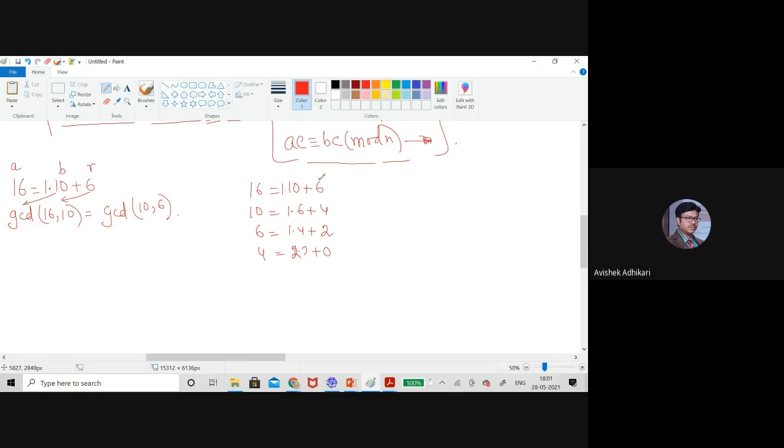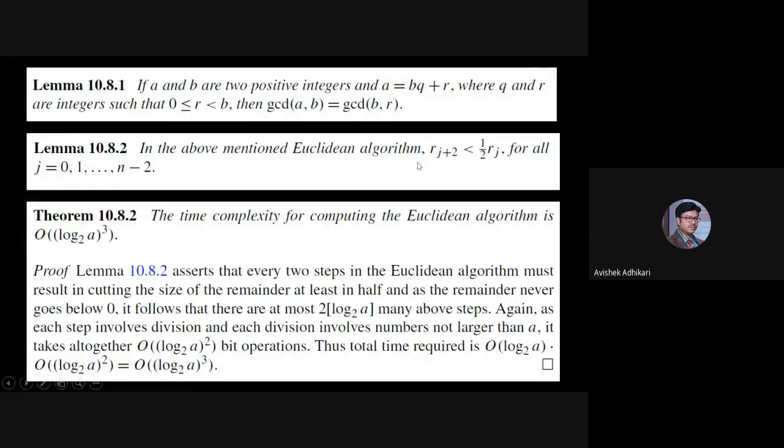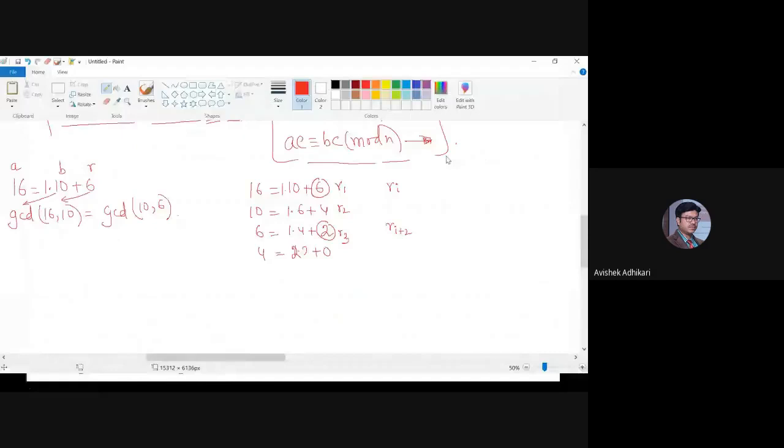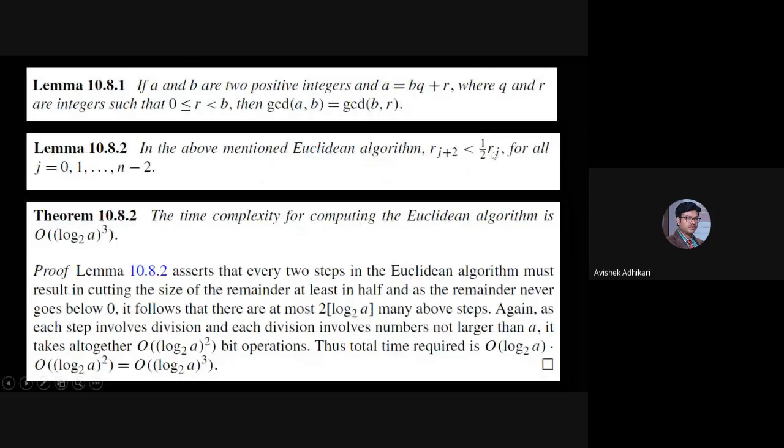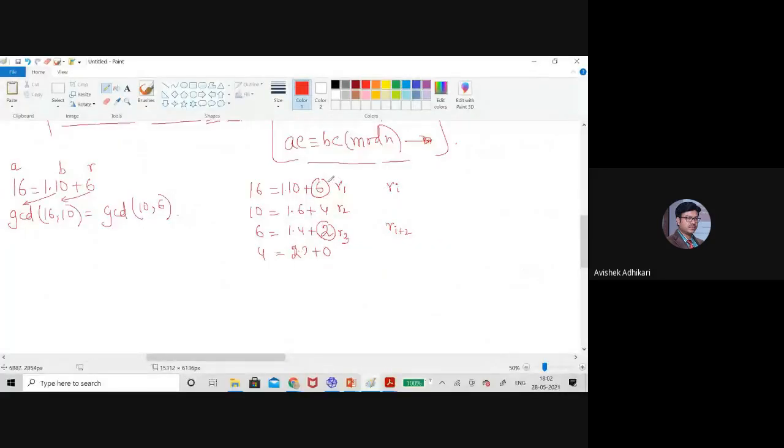Suppose this is your r1, this is your r2, and this is your r3. So this is your r(j) and this is your r(j+2). This very important result says that r(j+2), that means this value 2, must be strictly less than half of r(j). Half of this is 3, that means this value is strictly less than 3. Similarly, this was your 4, and this value should be strictly less than 2, and so on.